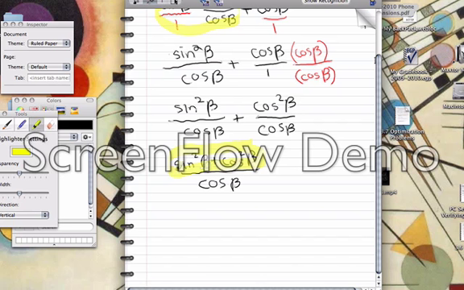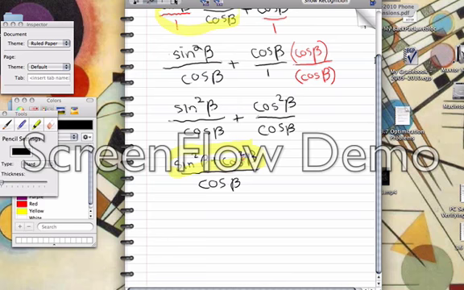So here in this case, sine squared beta plus cosine squared beta is equal to 1. So I can replace that with a 1, because I'm trying to simplify things, and that's a much simpler way to write that. So I'm replacing that with a 1, and in the denominator I still have my cosine beta.